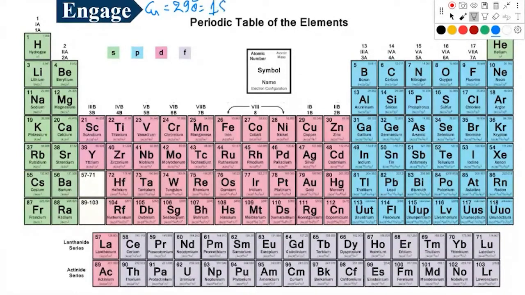So we have 1s2, 2s2, 2p6, 3s2, 3p6, 4s2, and 3d9.